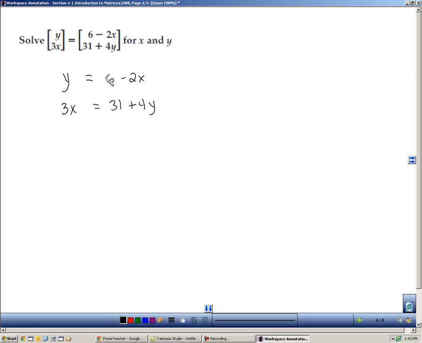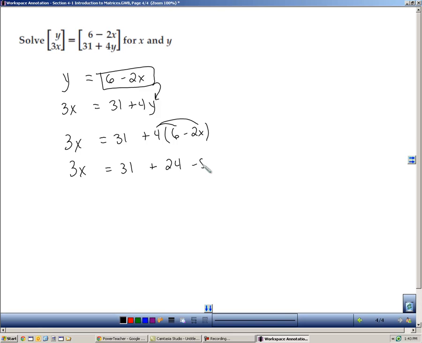Now if we solve this, it looks like substitution would be the way to go here. I'll substitute all that stuff in for the y. Then I'll continue to solve by distributing. So 24 minus 8x.